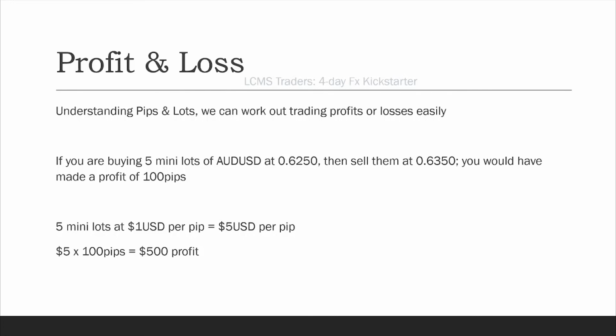Okay, I'll repeat that again. If you're buying 5 mini lots of Aussie US at 0.6250 and selling them back at 0.6350, you have made a profit of 100 pips. 100 pips for 5 mini lots at $1 per pip, it's $5 US per pip. $5 US per pip times 100 pips means you have made $500.